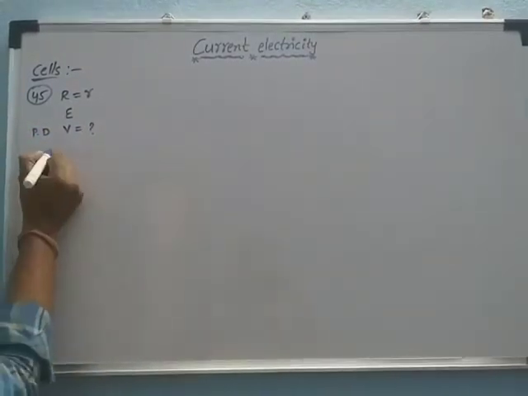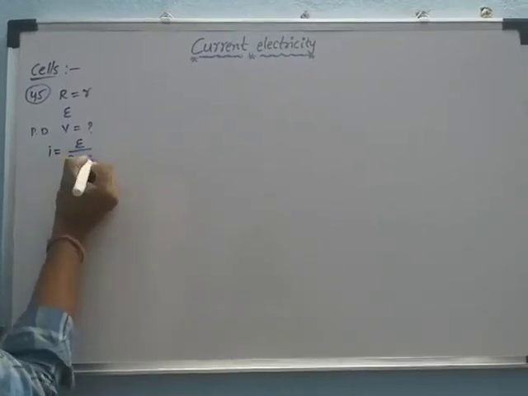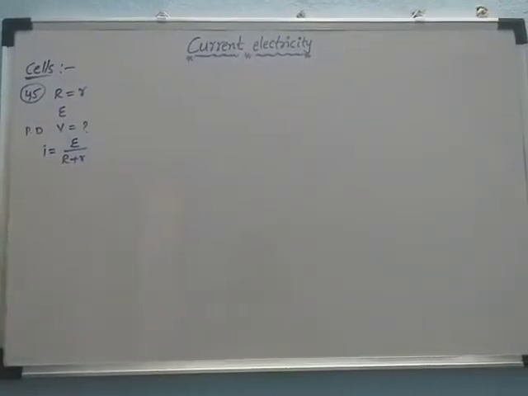Again using the formula, the current is equal to EMF by total resistance, capital R plus small r.